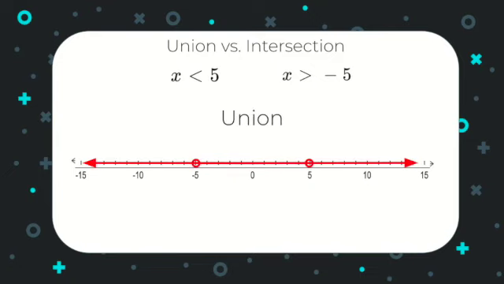Now, if we look at the union, that's technically all those numbers because it's the numbers from one set, the numbers from the second set, and where they overlap. So nothing is taken out here. And since both go in opposite directions for infinity, it's including all real numbers.